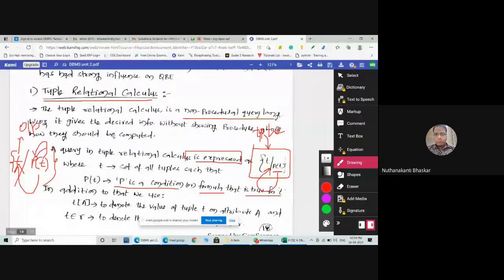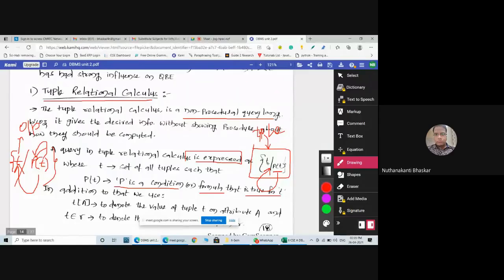Now, relational calculus is a non-procedural query language, so we don't have any procedure. But when we have to prepare a query for the given problem, we need to prepare one expression, that is {T | P(T)}. Here T is nothing but the output. It is a tuple, so the output is also a tuple.